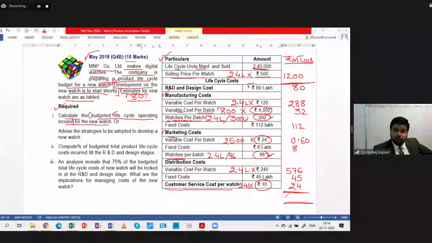Okay, quickly, what will be the cost to produce the watch during entire life cycle? 80 plus 288 plus 32 plus 112 plus 0.60 plus 8 plus 576, then addition by 4524. Quickly compute it.